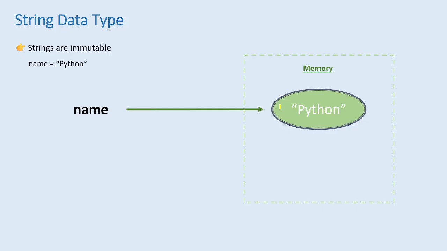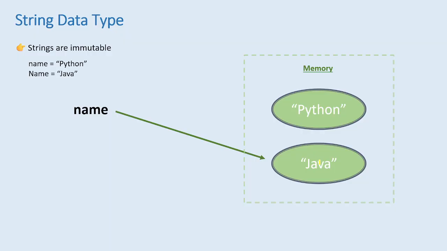So when we assign a new value to the same variable, let's say we assign the value Java to the variable name, what happens in memory?